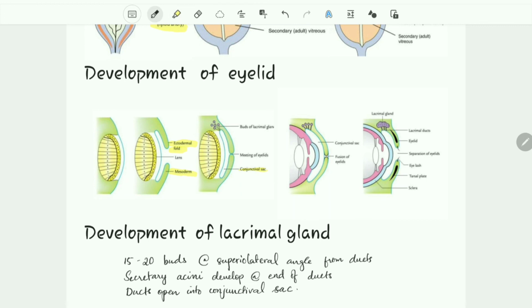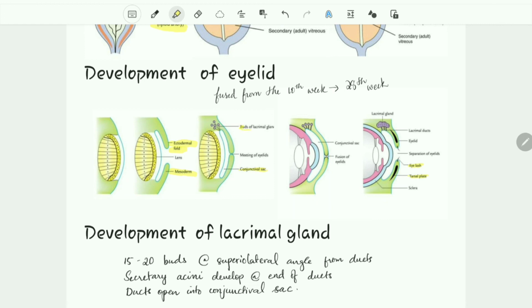They remain fused from the 10th week to the 28th week, then separate and form both eyelids. The mesoderm gives rise to the tarsal plates and the surface ectoderm gives rise to the eyelashes and the glands of the eyelid. Here itself we can see the formation of lacrimal glands.